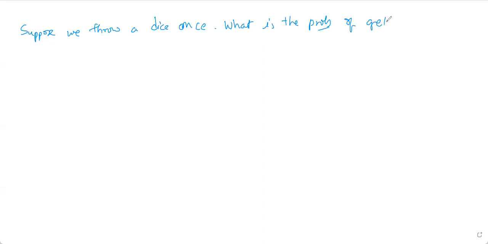Now suppose we throw a dice once. What is the probability of getting a number less than or equal to 4?